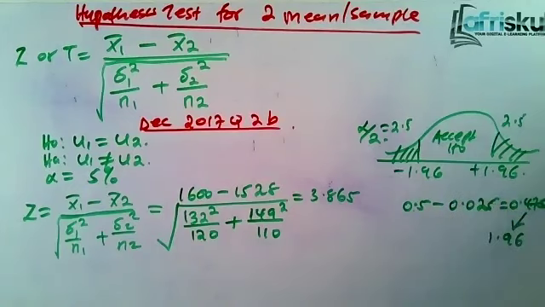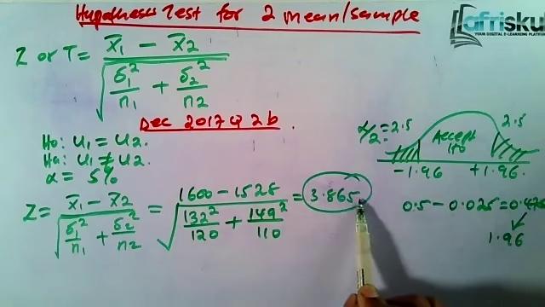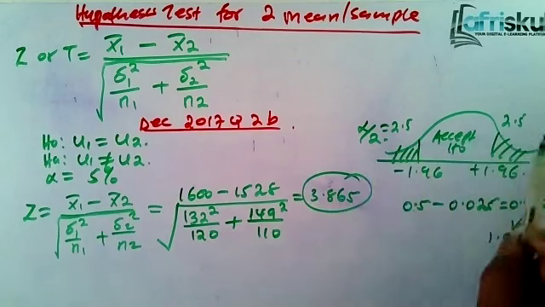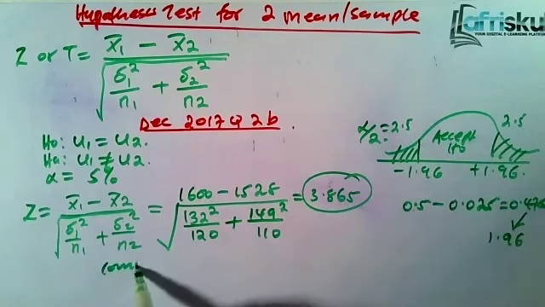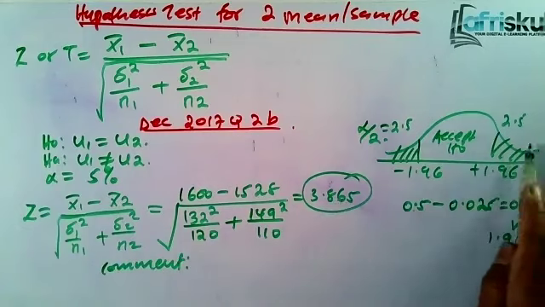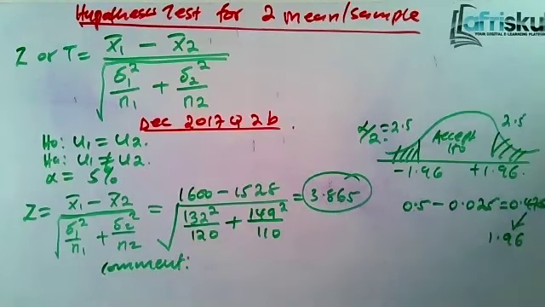Now the question is, should we accept, should we reject? Sasa unaangalia hii 3.865, does it fall in between the acceptance region or iko kwa rejection region? Then unaandika your comment. Hiyo ni kazi ya macho kuangalia tu. And 3.865 iko huku kwa rejection region.